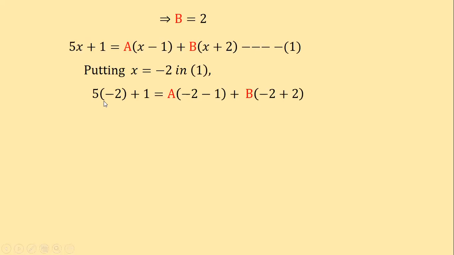What is 5 into minus 2? It is minus 10 plus 1 is equal to a into minus 3, that is minus 3 into a plus b into 0. B into 0 is nothing but 0, so this term has got eliminated. What is left here? Minus 10 plus 1 is nothing but minus 9 is equal to minus 3a.